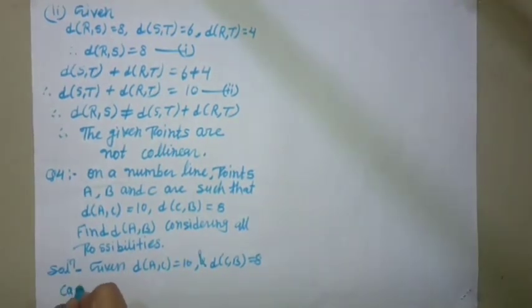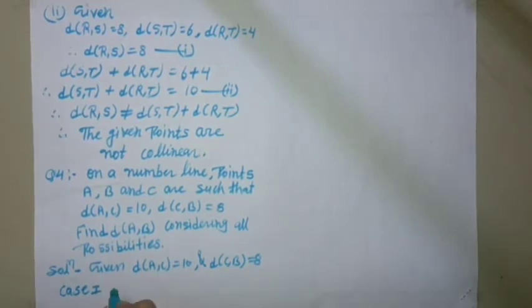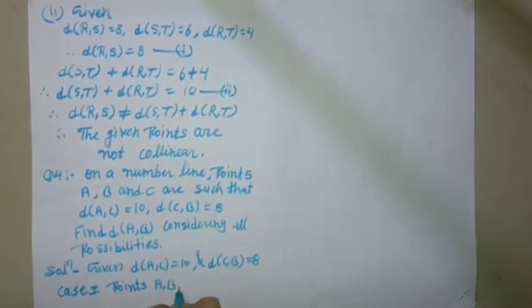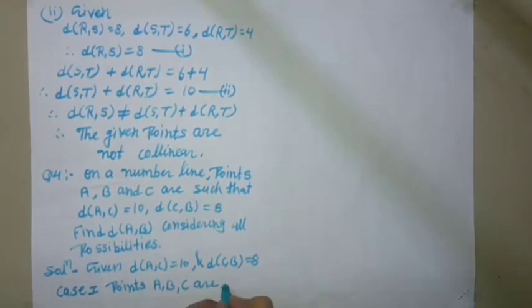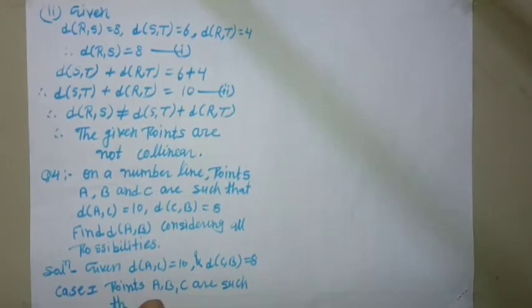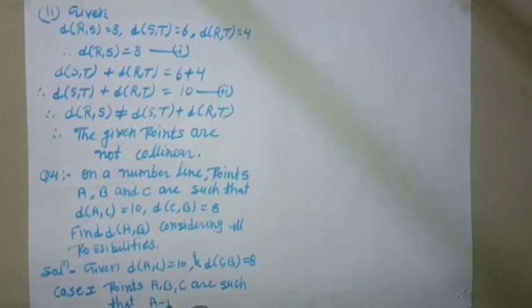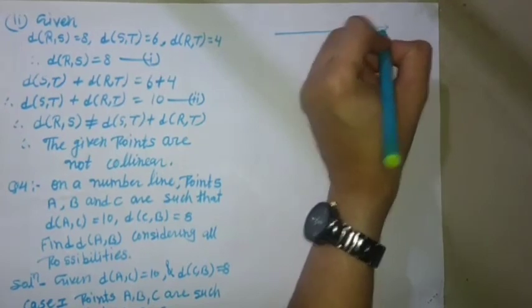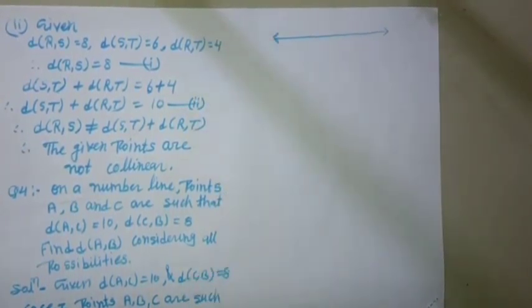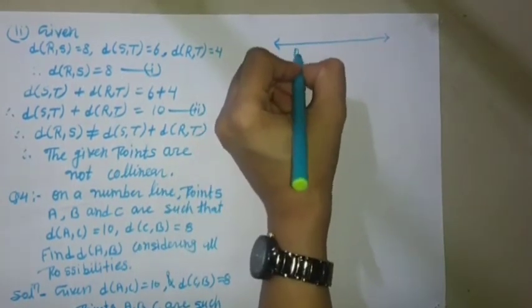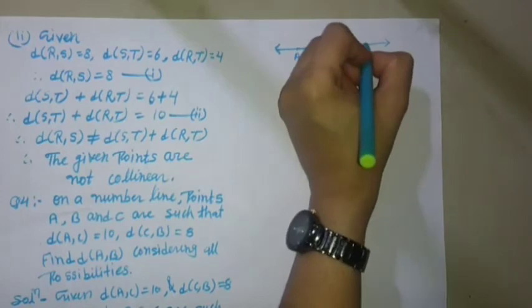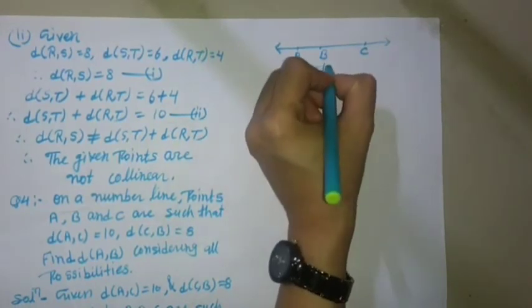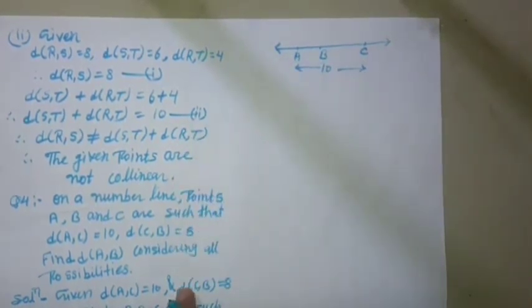Case first, points A, B, C are such that A, B, C. Distance of AC equal to 10 and distance of CB equal to 8.